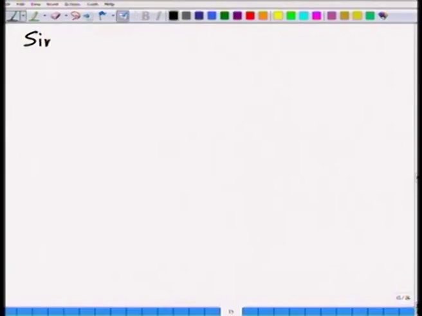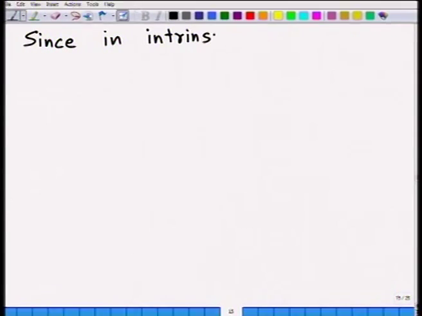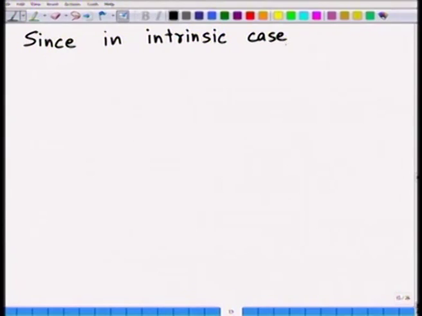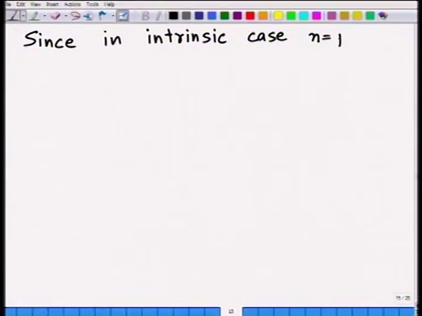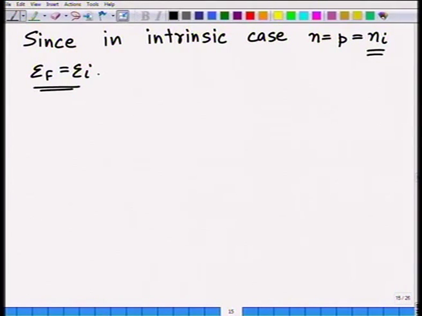Since in the intrinsic case n is equal to p is equal to ni, we are giving it a name now, just like for Ef we had given it the name Ei.